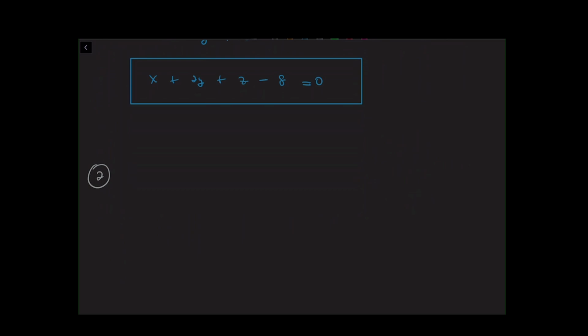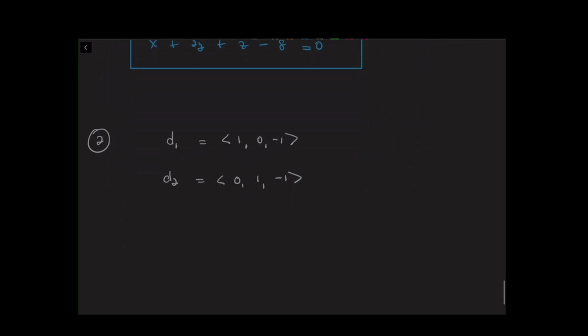The first direction vector, call it D1, from the first line is (1, 0, negative 1). The second direction vector D2 is (0, 1, 1). Are these scalar multiples of each other? No, they are not. Right?